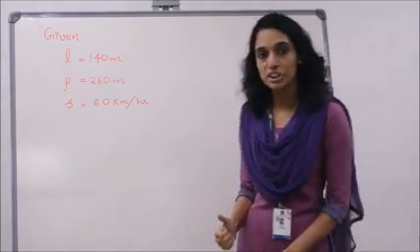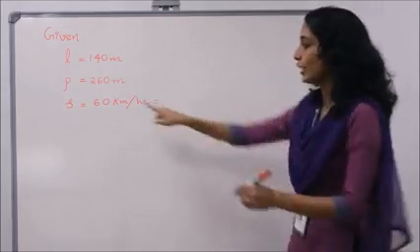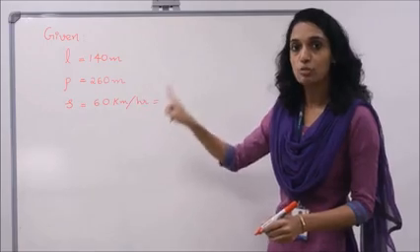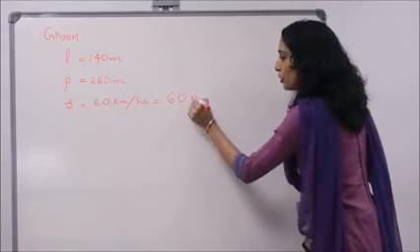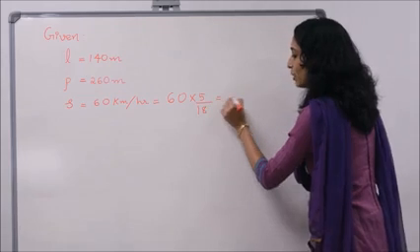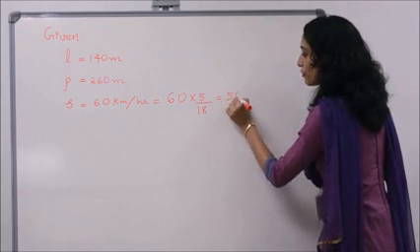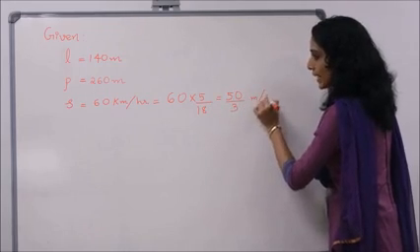So how is the conversion done? Conversion is done by multiplying the kilometer per hour by 5 by 18. That is 60 into 5 divided by 18, which is equal to 50 divided by 3 meter per second.